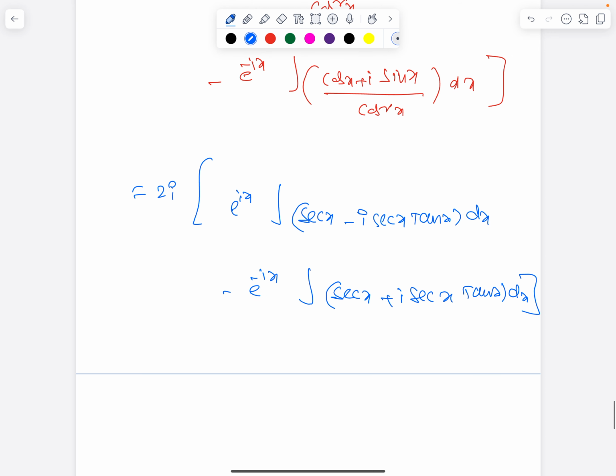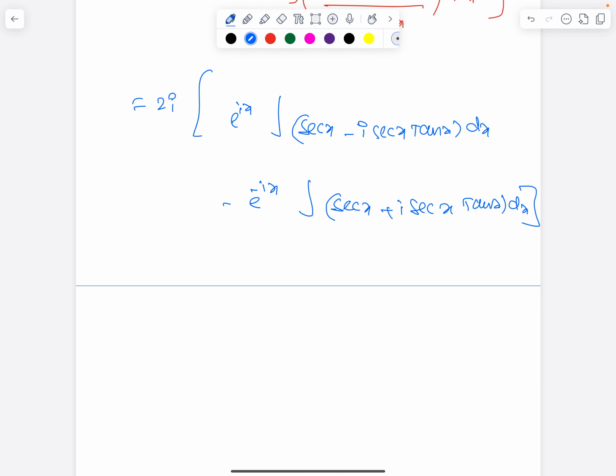So now there are two terms. Now if you further simplify, that leads to a new form, this is equal to 2i into e power ix into integration of, if you collect those terms of e power ix and e power minus ix, which are only holding the term secant x dx.